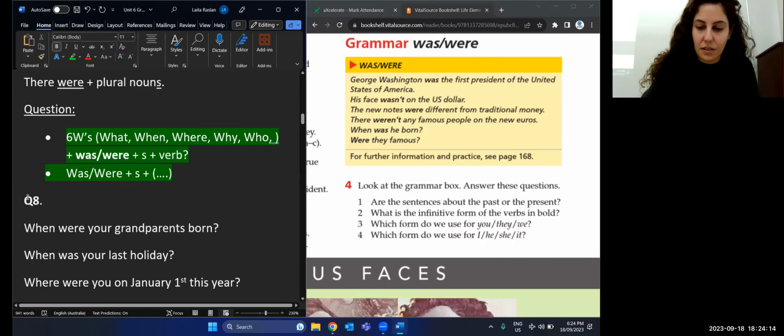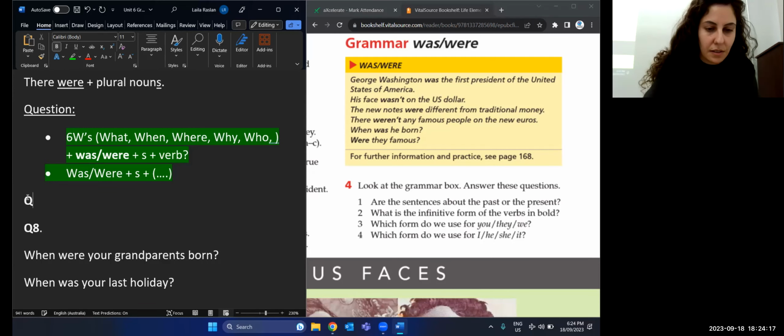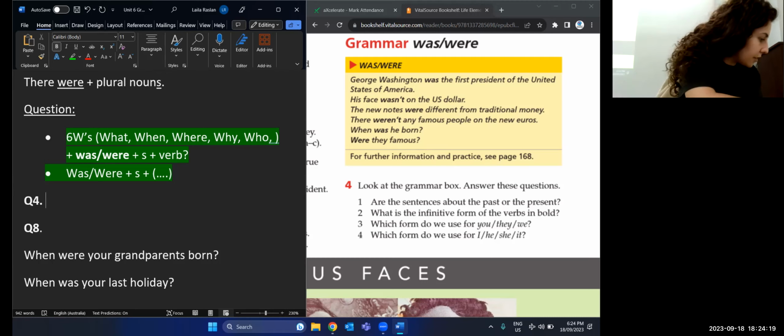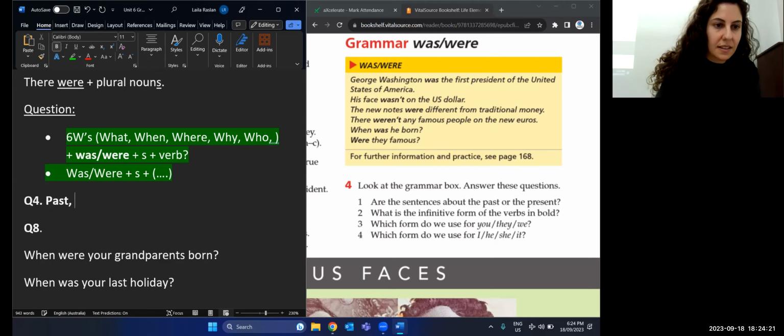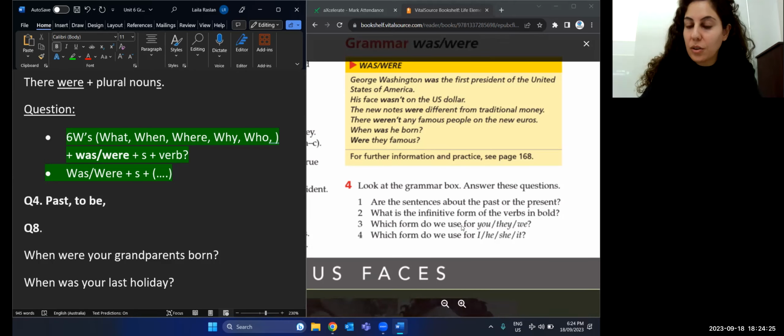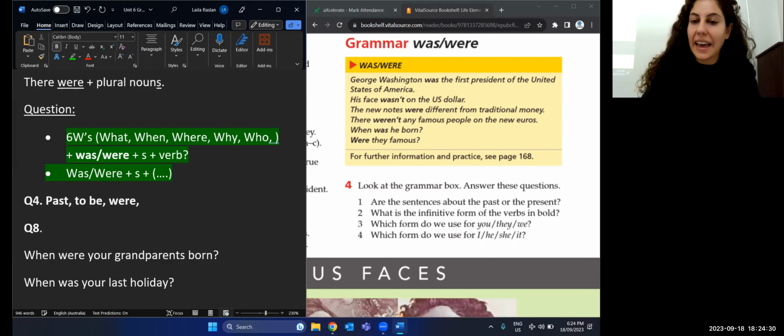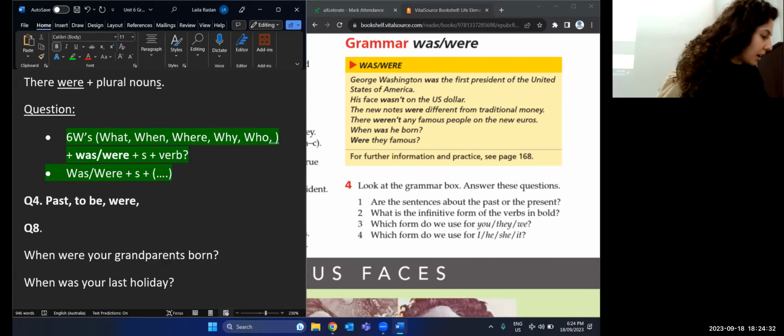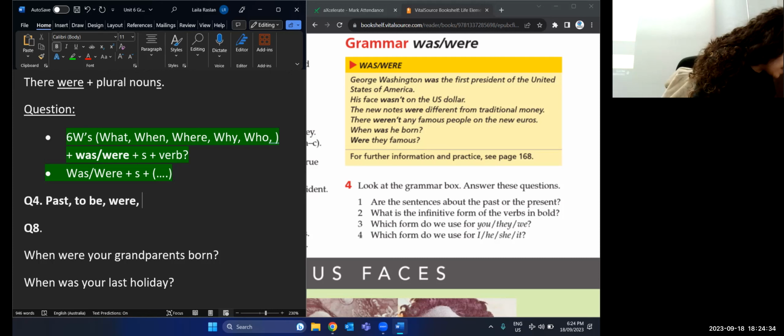So the first answer was past, and then to be. Which form do we use for you, they, we? Were, and which form do we use for I, she, it? Was.